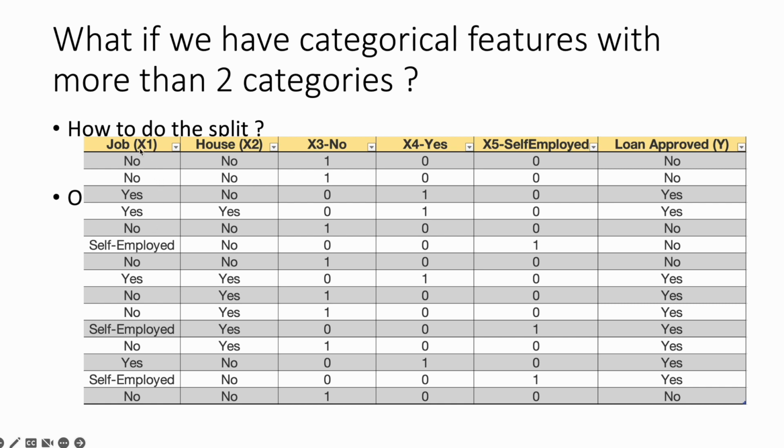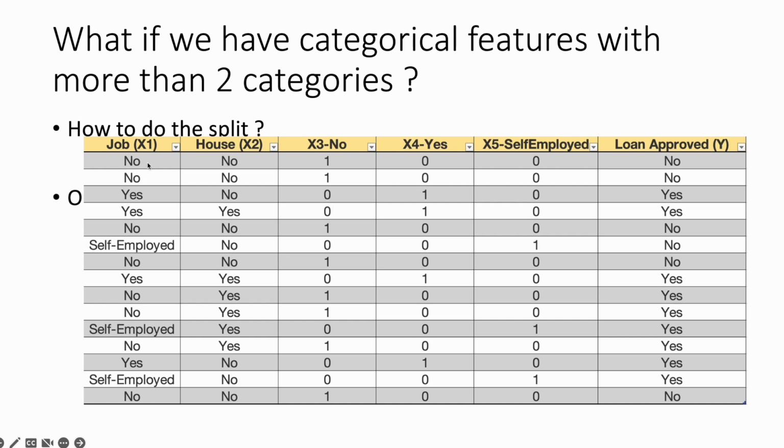What we do is we take this particular feature X1 and we create 3 new features out of it. This technique is called one hot encoding. What it means is that we are making these 3 categories into 3 features which are each 2 categories, 1 and 0. How will we do that?